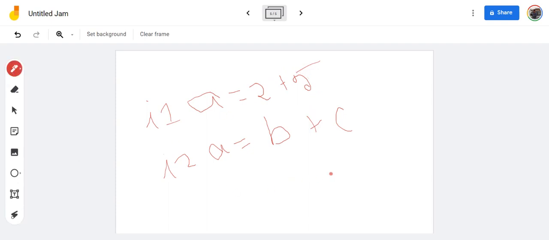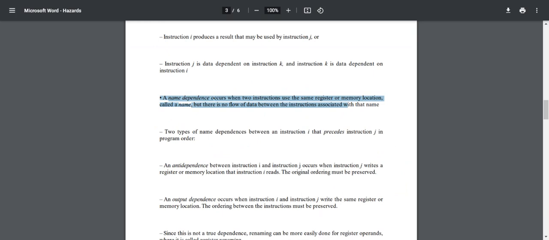That means somehow with that memory location, you are associating the name of the variable. So if you have data dependency in such situations, then you call it name dependencies, right?